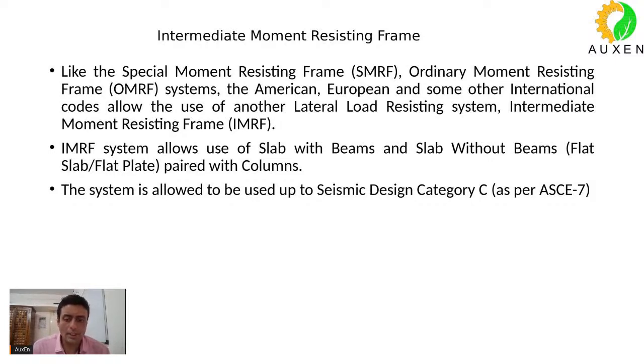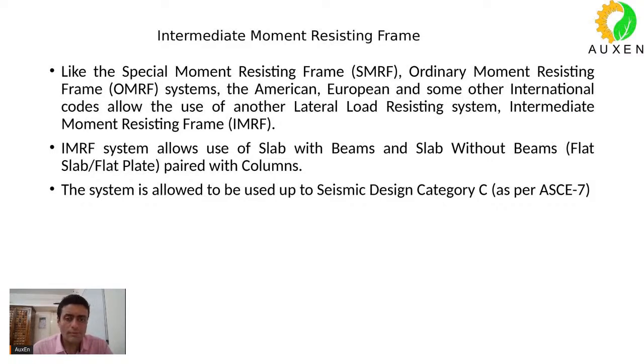So actually, the American code and the European code do allow you to use flat slab buildings with columns without shear walls in earthquake zones. All right. Unlike the Indian code, which does not allow you to use flat slab buildings without shear walls for earthquake zones, the American code does allow you, by using an intermediate moment resisting frame system.